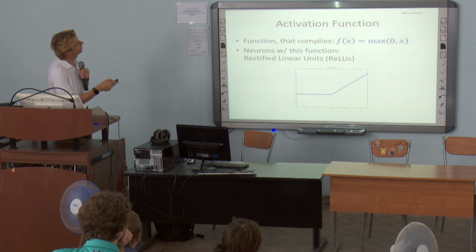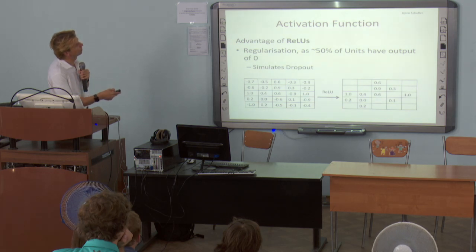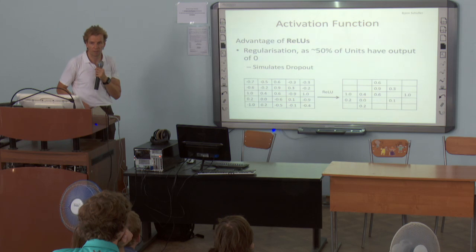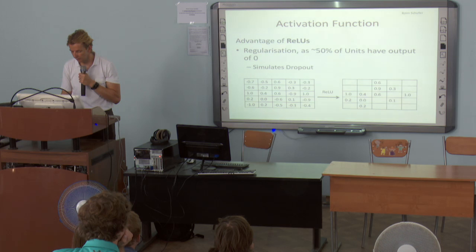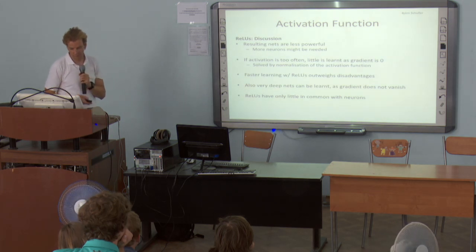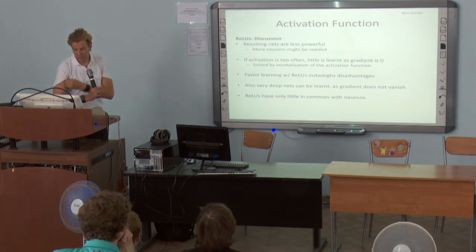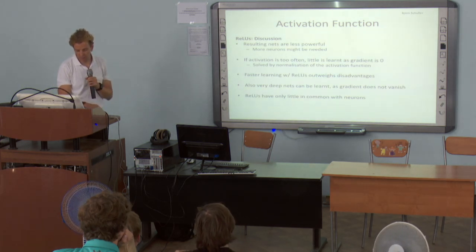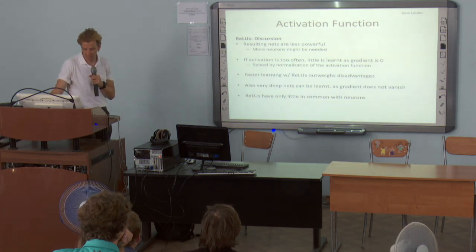So you have a lot of zeros in your neuron activations, and hence enforce regularization of this unit. At the same time, you can still get higher values that impact gradient descent. The downside of ReLU is that the resulting nets are less powerful and more neurons might be needed. If the activation is zero too often, little is learned because the gradient is 0.